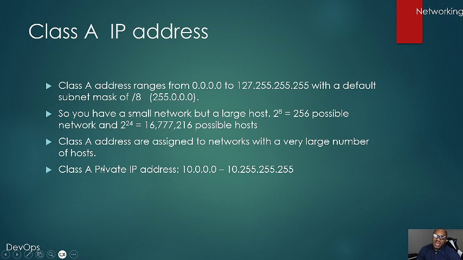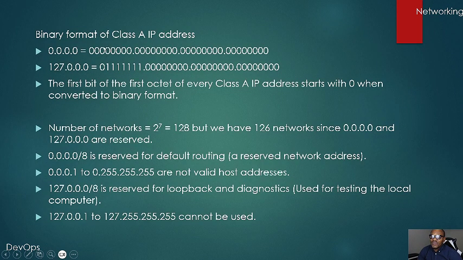And every class A to class C has private IP address ranges. For class A, the private IP address range is 10.0.0.0 to 10.255.255.255. And the binary format of the class A IP address is something like this, 127 something like this.